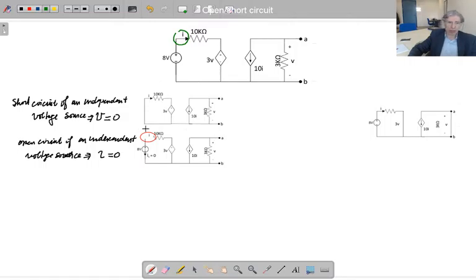Another interpretation of that, another terminology that we use, is deactivation. Deactivation of an independent source. Let me write it in a different color.